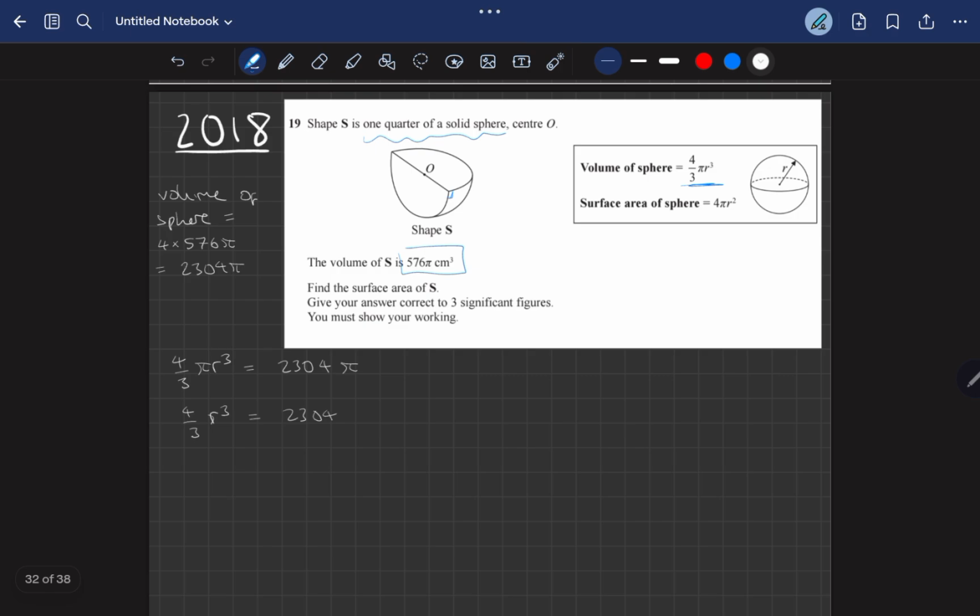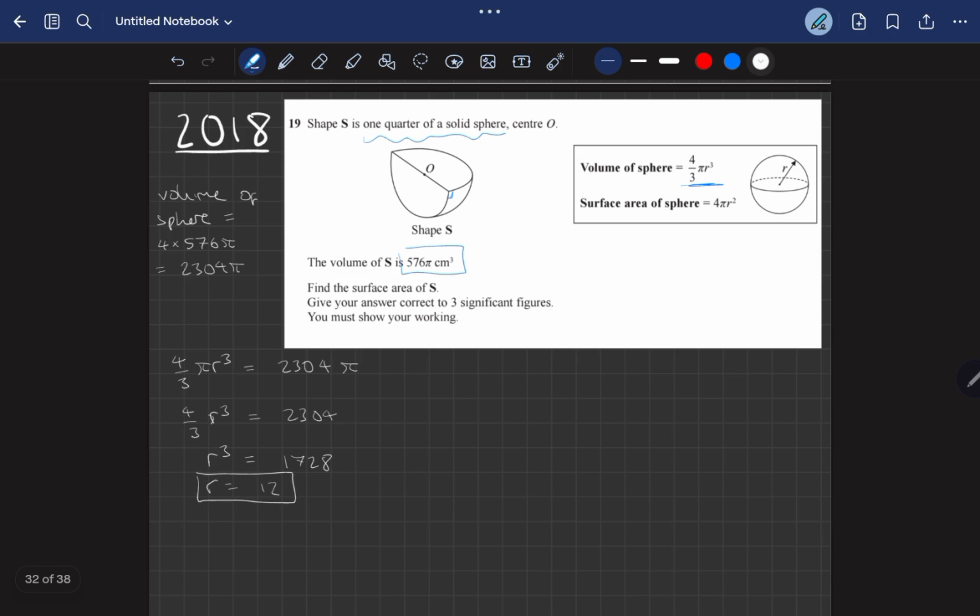Let me just do that. 2304 just divided by 4. So I get r cubed is equal to 1728. Now I can cube root it. And I realize that r is 12.